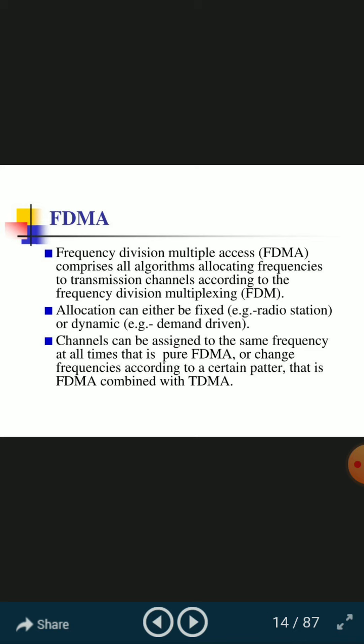The allocation can be either in a fixed manner or a dynamic manner. Fixed manner, for example, the radio stations we use nowadays, like Red FM. 98.5, 98.3, 90.8 are fixed frequencies.